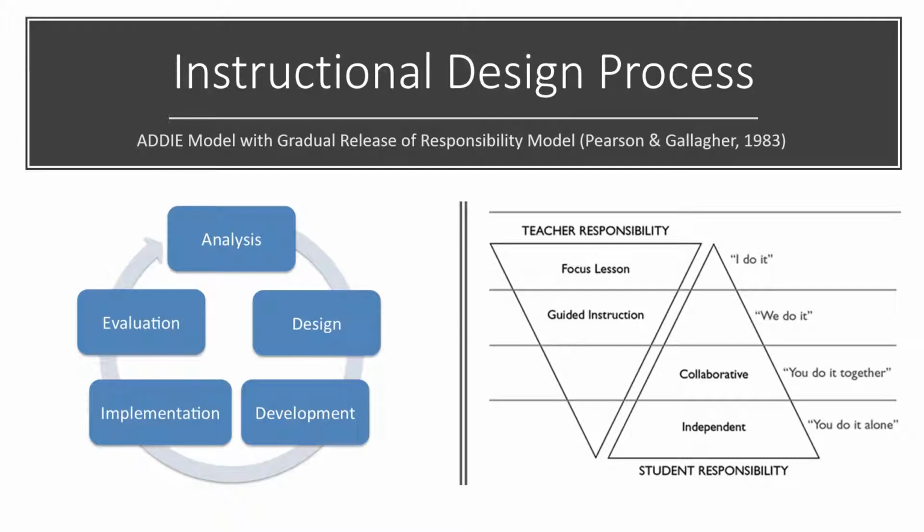However, the process is also of coaching this professor and teaching this professor how to convert their courses. And so, in addition to the ADDIE model, I'm also going to implement the gradual release of responsibility framework that was developed by Pearson and Gallagher. It starts off initially with the teacher responsibility, being myself as the teacher in this case, beginning to show them how to do it, giving them the foundational framework.